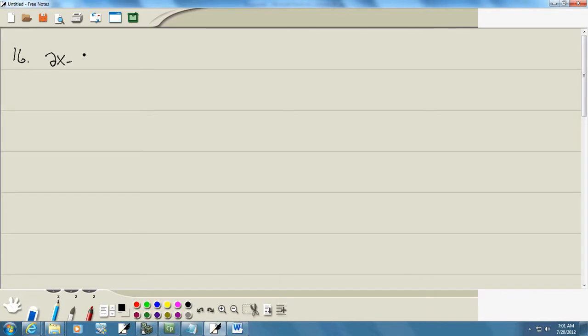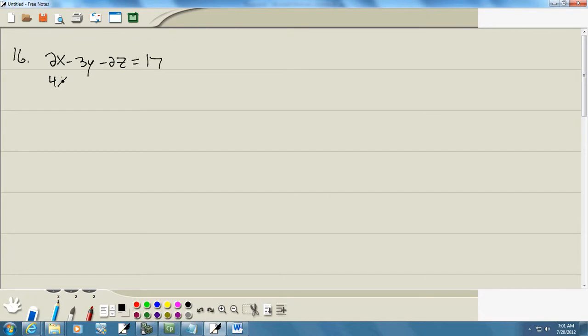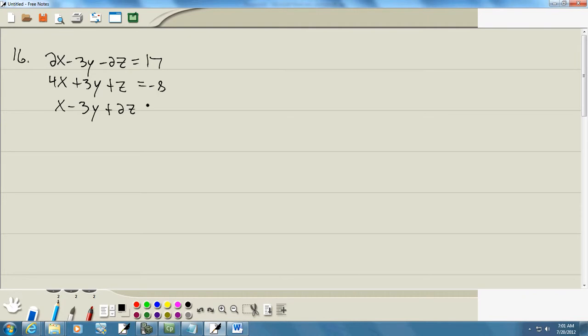We've got 2x minus 3y minus 2z is equal to 17. 4x plus 3y plus z is equal to negative 8. x minus 3y plus 2z is equal to 4. This is going to be equation 1, this will be equation 2, and this will be equation 3.